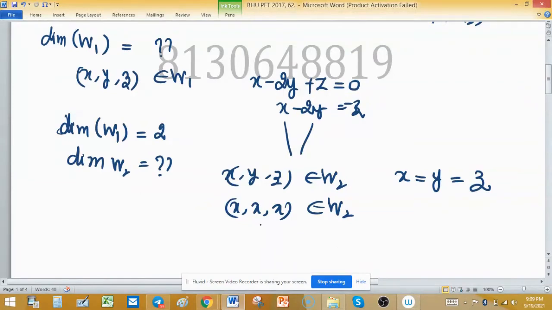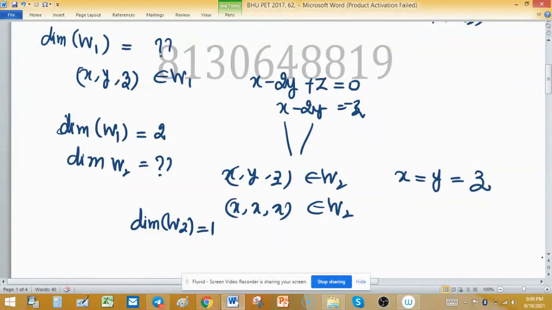It means if I assign the value of variable x, then we can easily write the vector. So the dimension of W2 is 1, because there is only one linearly independent choice.